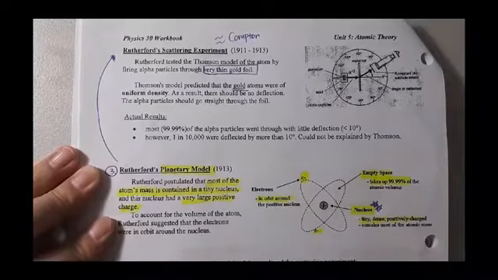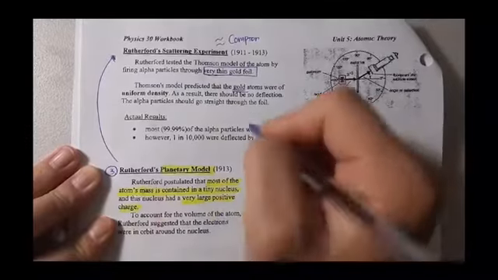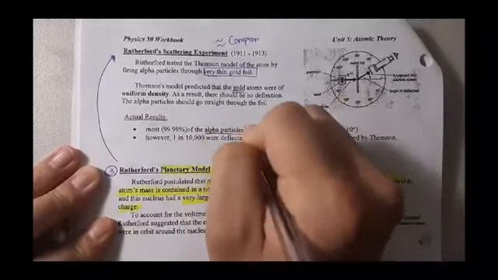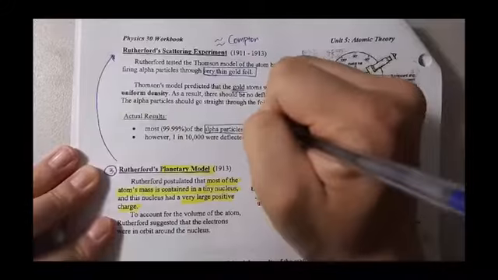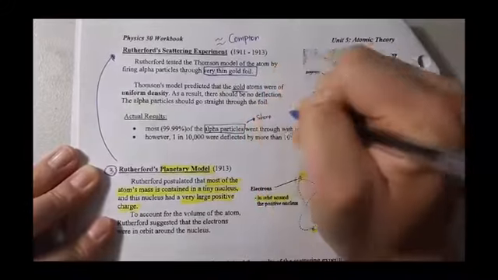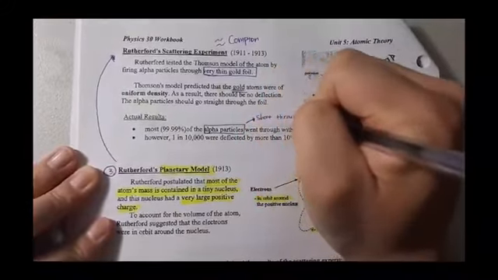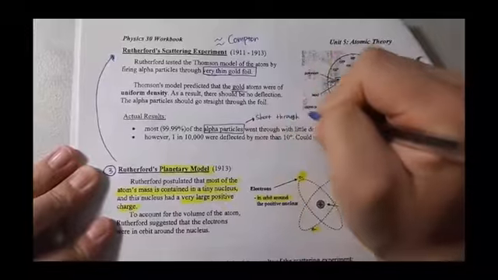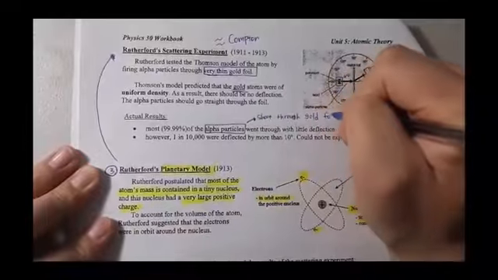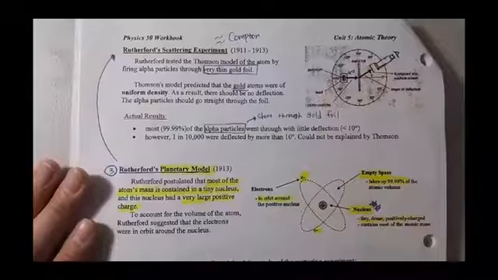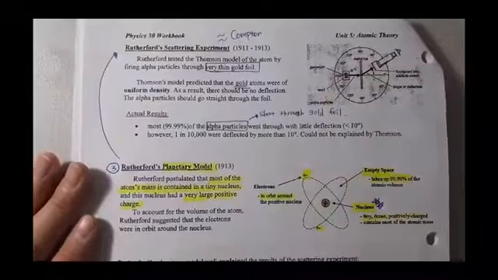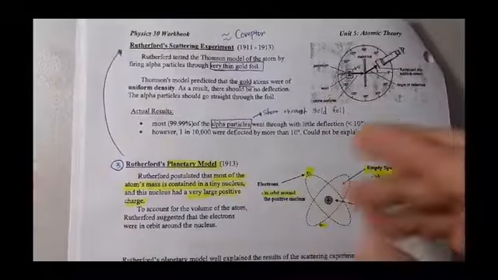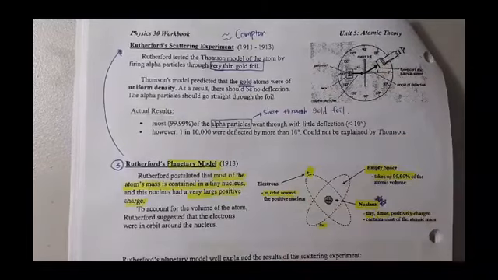Thomson's model worked like this. He used an alpha particle. An alpha particle was shot through the thin gold foil. So if you think about it, imagine if it's a positive fluid. A fluid is like water or any type of liquid, soup. Think about it that way.